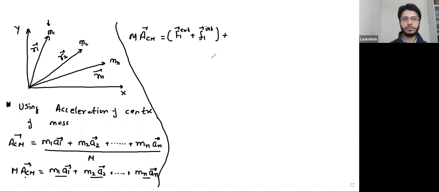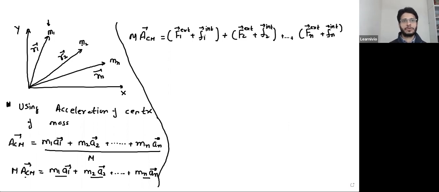Similarly, m2a2 is F2 external plus F2 internal, and so on up to Fn external plus Fn internal.